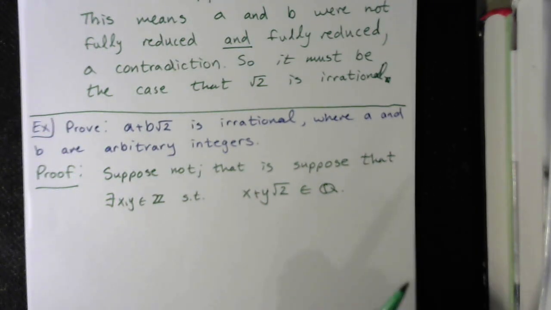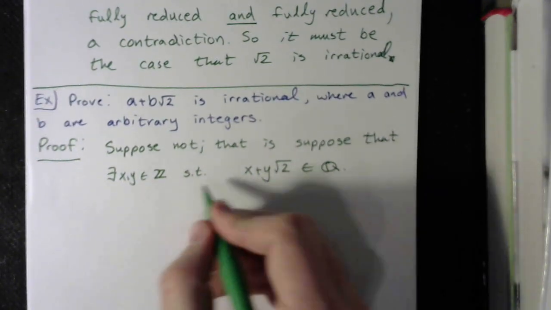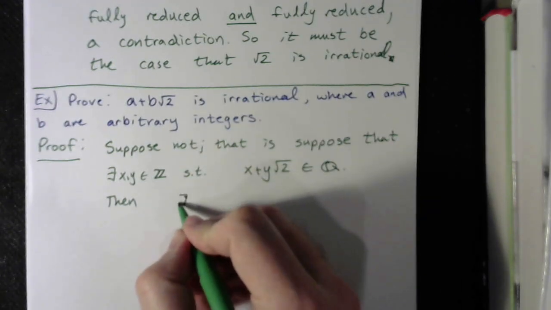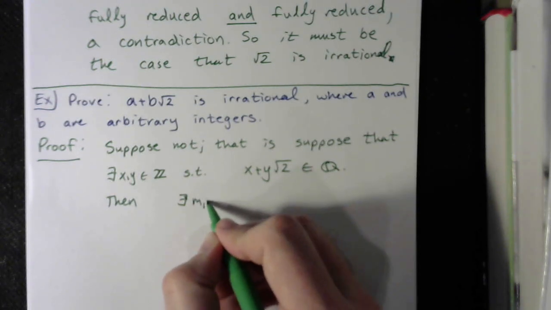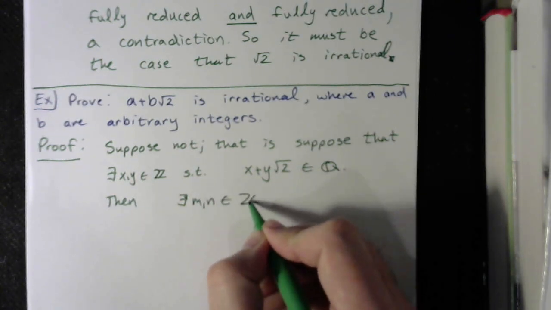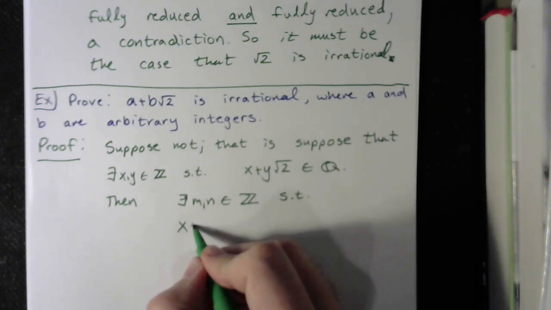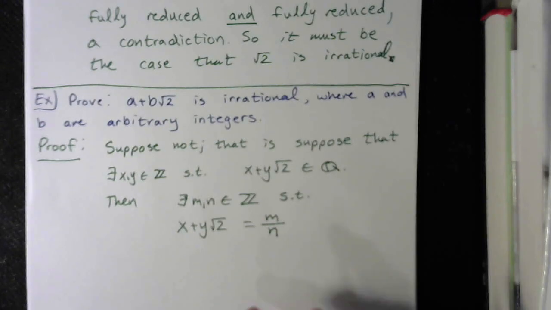All right, so x plus y rad 2 is in Q. This means then that there exist m and n in Z such that x plus y rad 2 equals m over n.